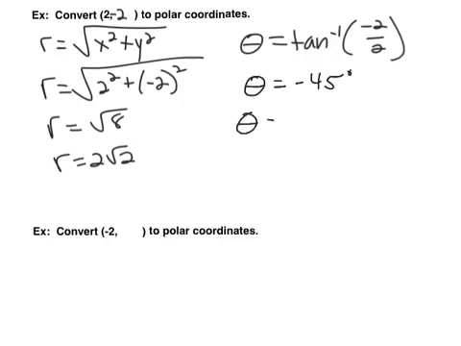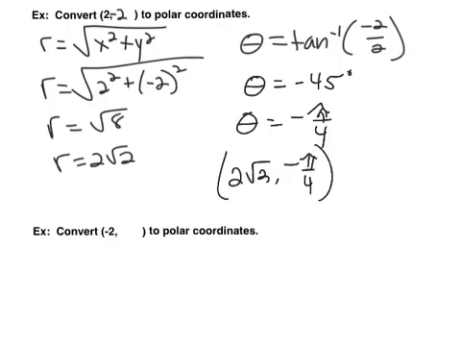In radians, it's negative pi over 4. So my polar coordinates end up being 2 radical 2 and negative pi over 4. In class we're going to talk about what happens when you have a second quadrant or a third quadrant angle, because your calculator doesn't help you with that. And then we will also work some more examples so we really get this process down and remember our special triangles again.